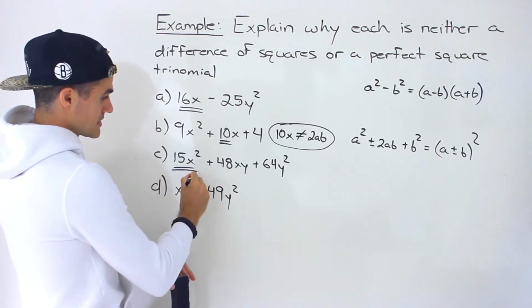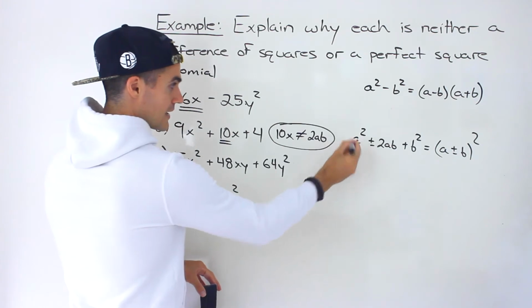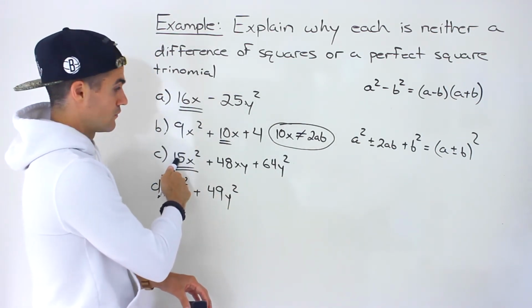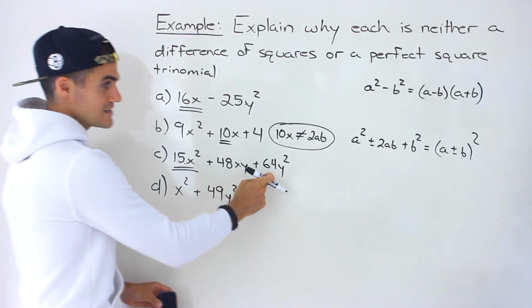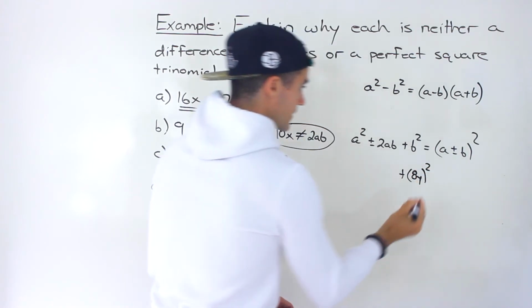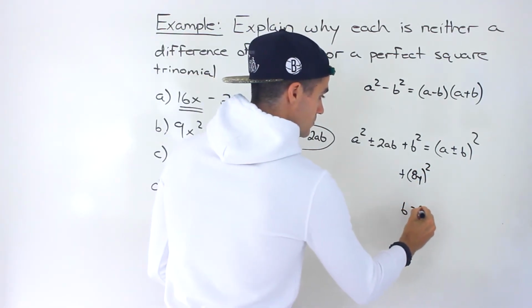Well, this term we can't write as a squared, right? Because we can't take the square root of 15. This 64y squared we can rewrite as 8y squared, so we could tell the b value should be 8y.